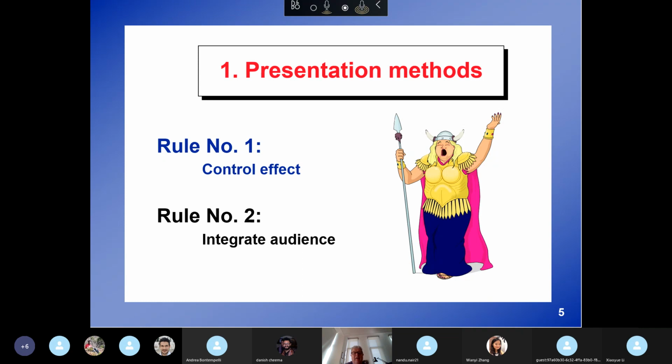Otherwise, if you look at only one person, that one person after a while gets tired. So the key point in a presentation, differently from papers, is that you must be sure that the people follow you.